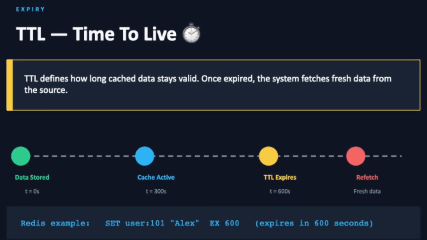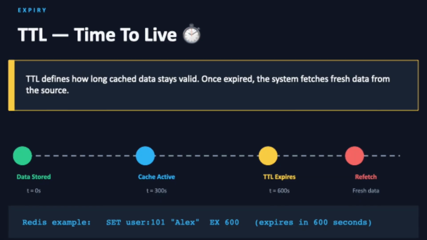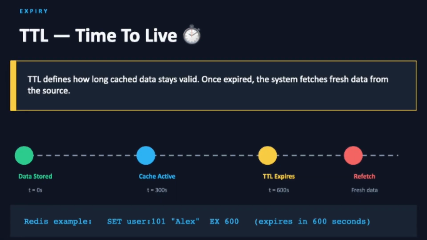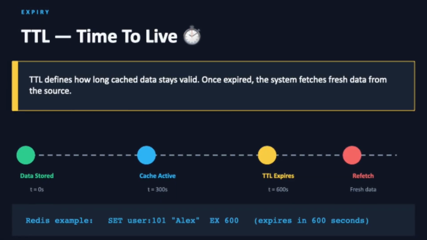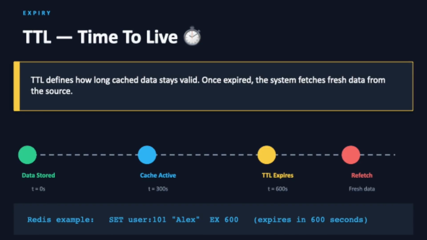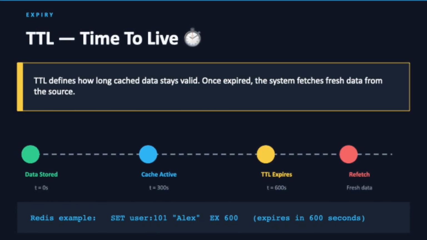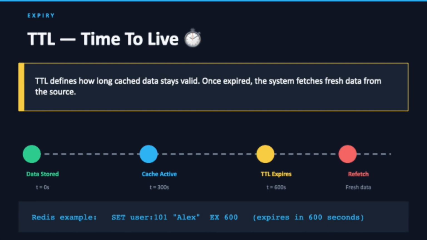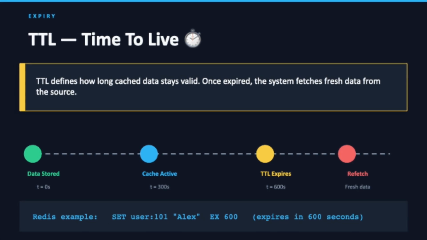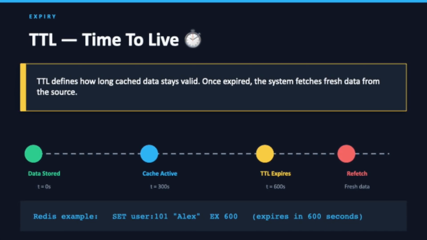For example, in Redis, you would write SET user:101 x EX 600, which means store this data and expire it after 600 seconds or 10 minutes. Short TTL means fresher data but more database load. Long TTL means less load but potentially stale data. Finding the right balance is part of good system design.